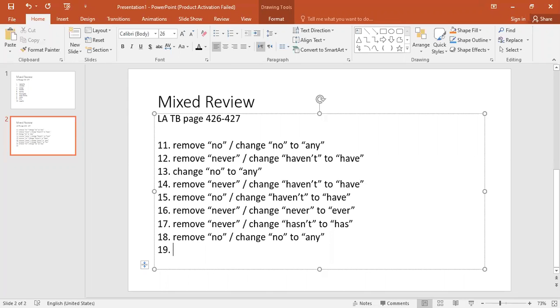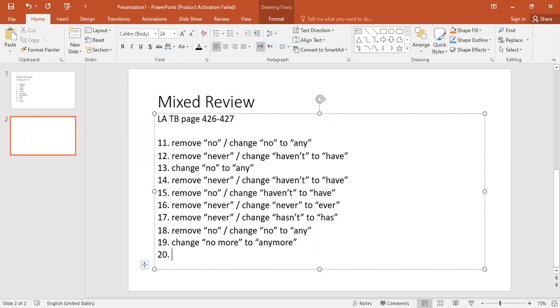This is the only thing to do in this sentence. Change "no more" to "anymore". We can also change "wasn't" to "was": He was sleepy no more. But the one that sounds better is to change "no more" to "anymore".